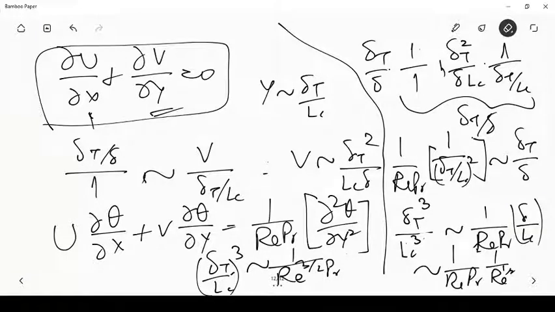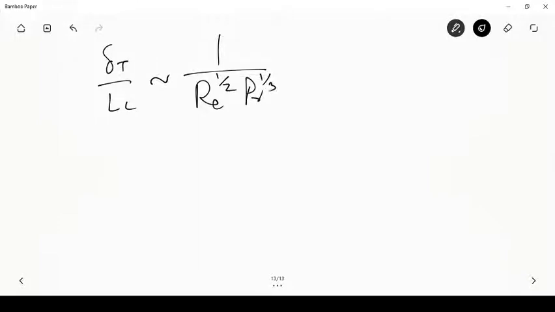So if I take the cube root of both sides, I'll get the order of magnitude delta t by LC. So that tells me delta t by LC is of the order of 1 over Re to the power of half Pr to the power of 1 by 3. Okay, so this is the result that I have, quite interesting. This is for Prandtl number much greater than 1.